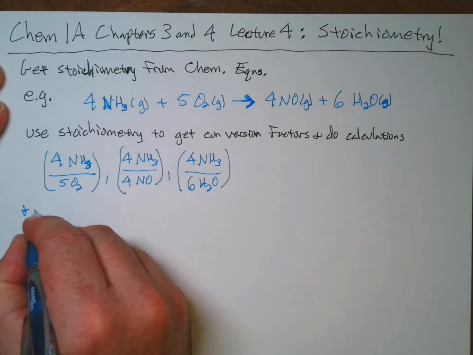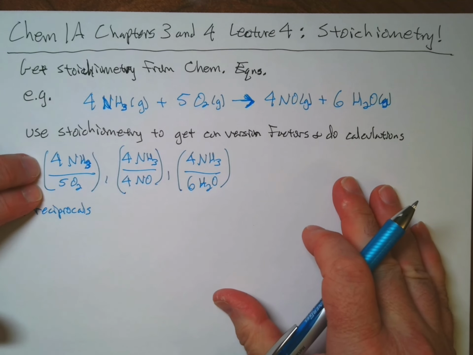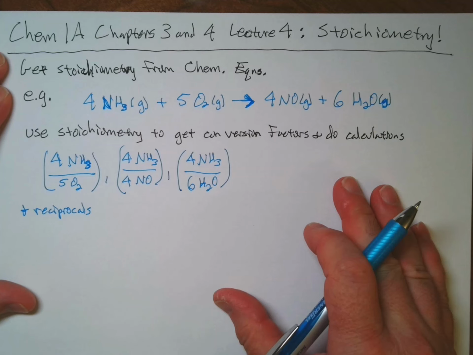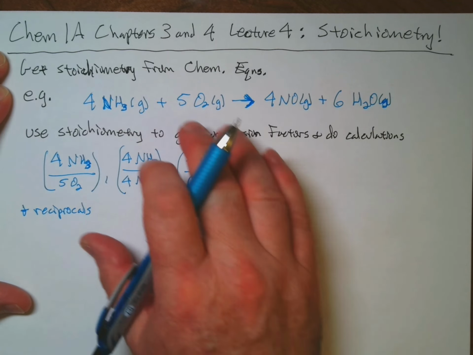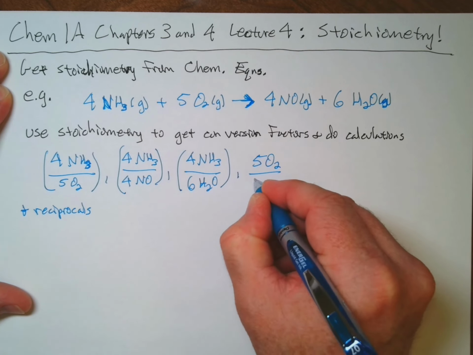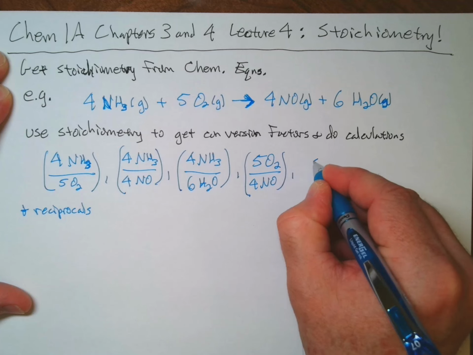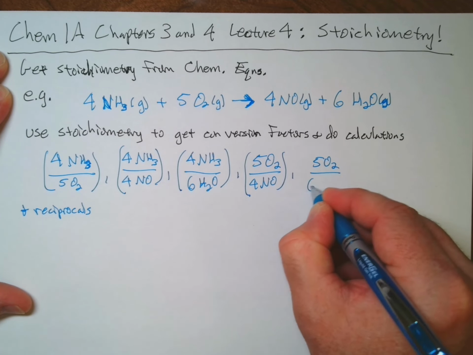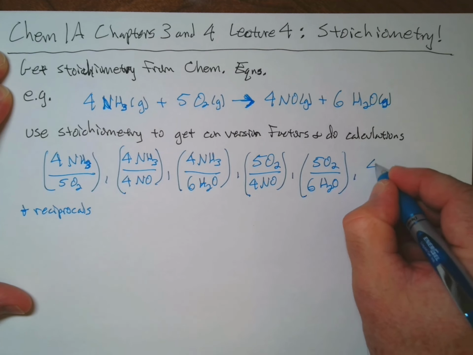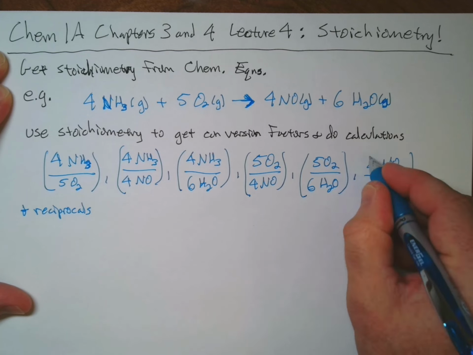Plus the reciprocals. That is, these flipped over: 5O2 per 4NH3. We also can write 5O2 per 4NO and 5O2 per 6H2O. And lastly, we have 4NO per 6H2O.